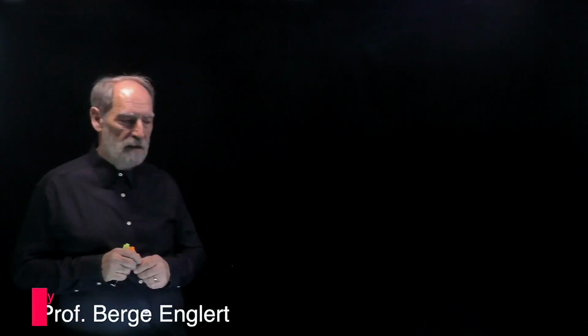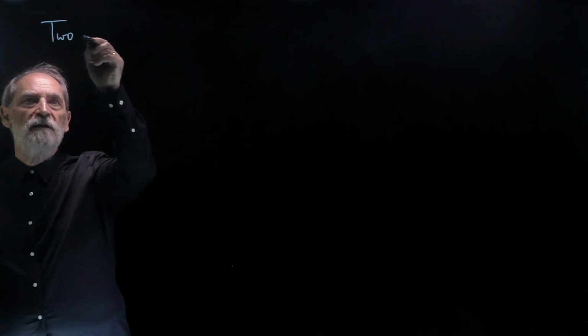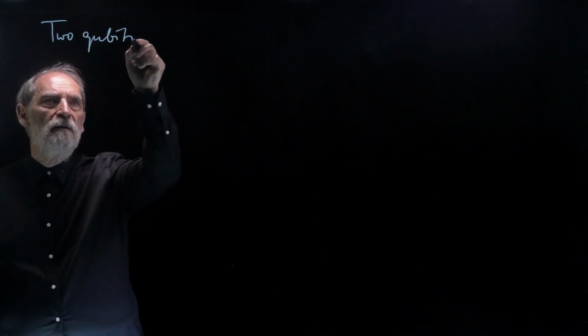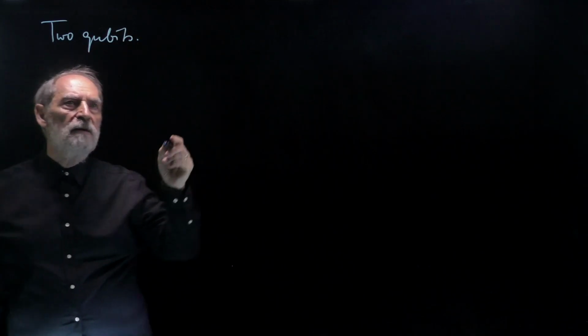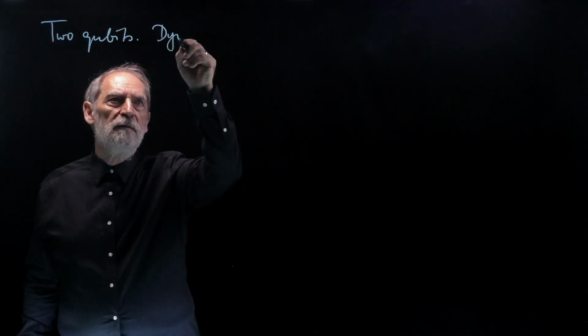So let us now look at an example that is a little bit more complicated than the single qubit example for the 2-level atom that we saw before. Let me think of a system that has 2 qubits. And so what are the dynamical variables?